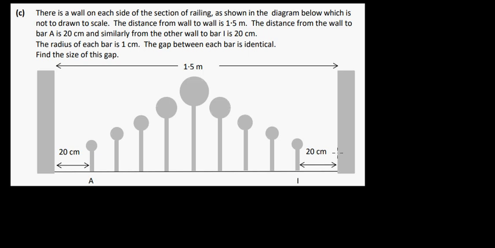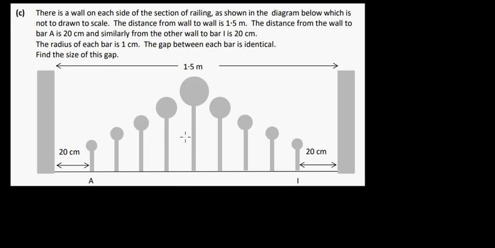The radius of each bar is 1 centimeter. So in other words, the thickness of each of these bars is 2 centimeters, so you've got 2 centimeters here, 2, 2, 2, 2, all the way along. The gap between each bar is identical. So these white gaps in here are all identical. Find the size of this gap.